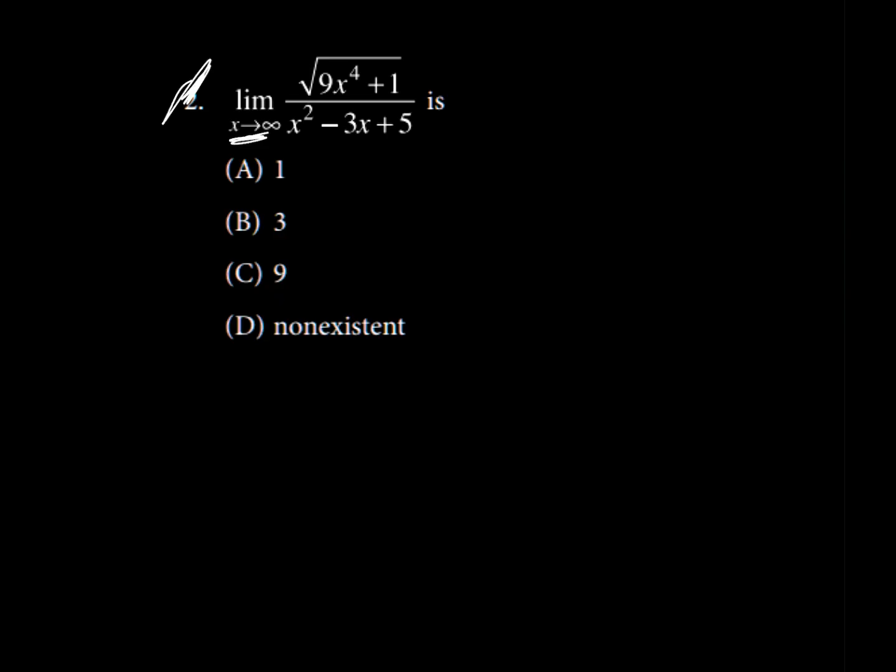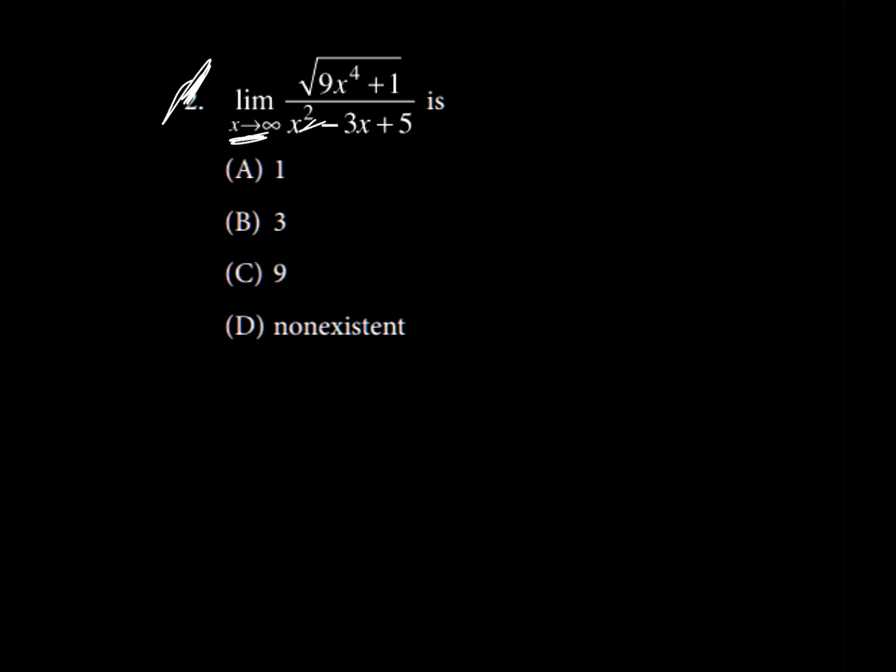When looking at something like this, or any limit that's approaching infinity, you always want to compare the highest degrees of both the numerator and the denominator. The highest degree of the numerator being 9x to the fourth, and the highest degree of our denominator being 2 from the x squared.